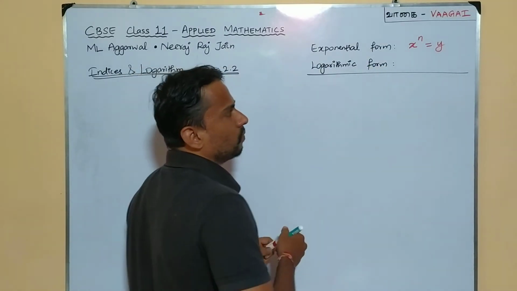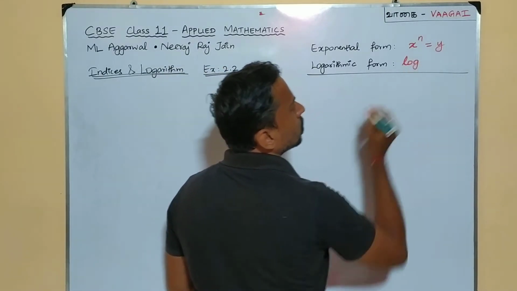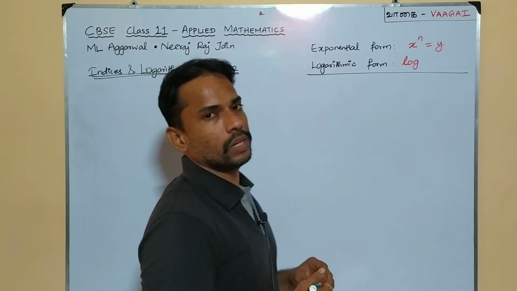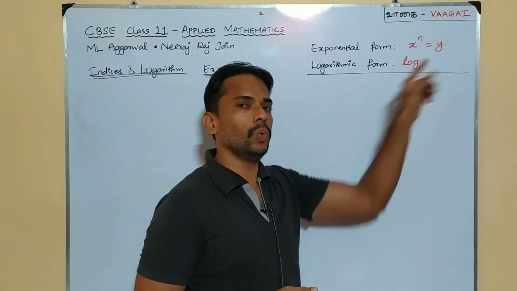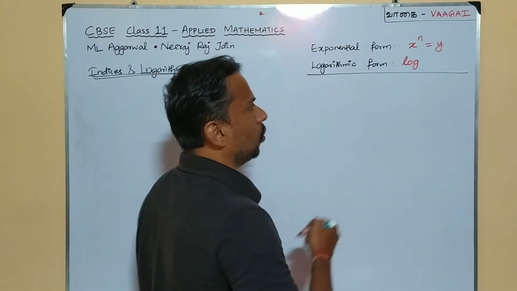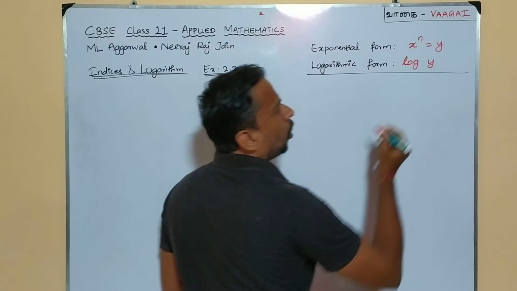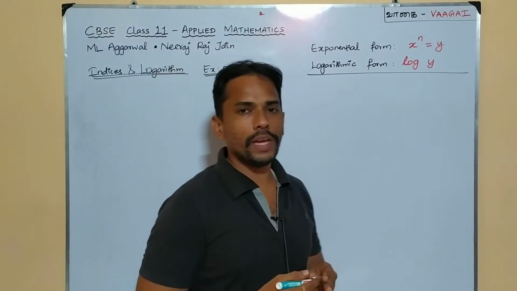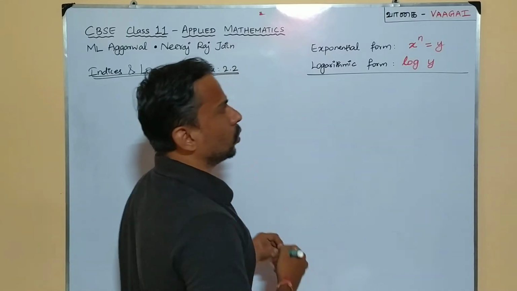What we have to do here is first of all write log. Look at the right hand side. What do we have here? We have the value y, is it or not? So this y will come here, and it will become log y, and log y to the base, that's how we call it, to the base.